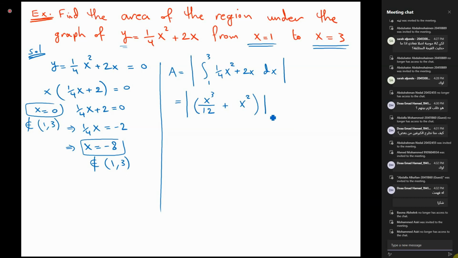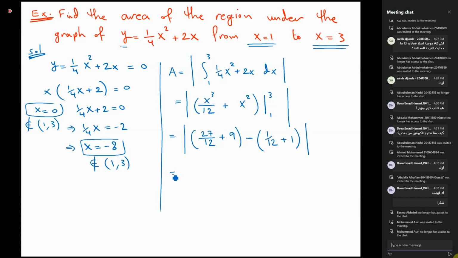Now we need to substitute 3 and 1. Substitute 3, we have 3 to the power 3, 27 over 12 plus 9, minus, substitute 1, we have 1 over 12 plus 1.